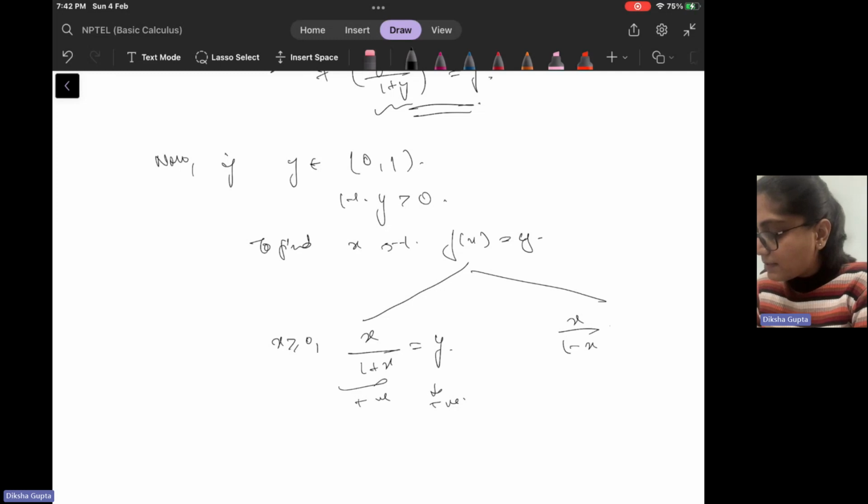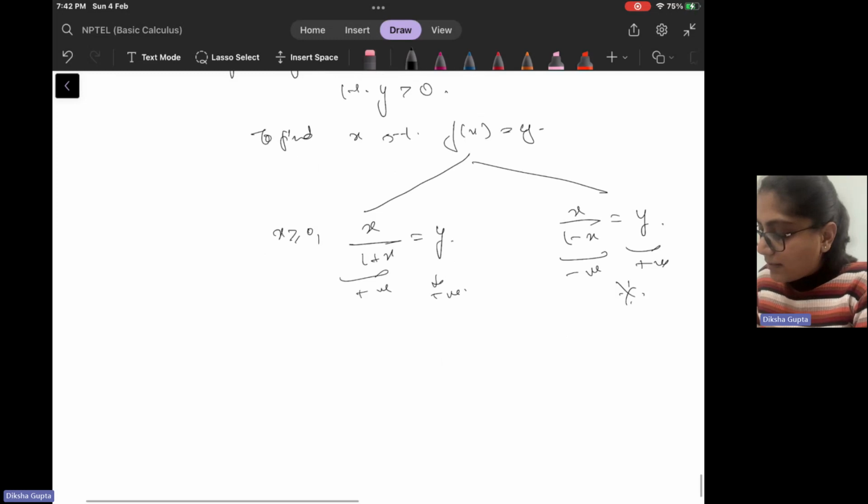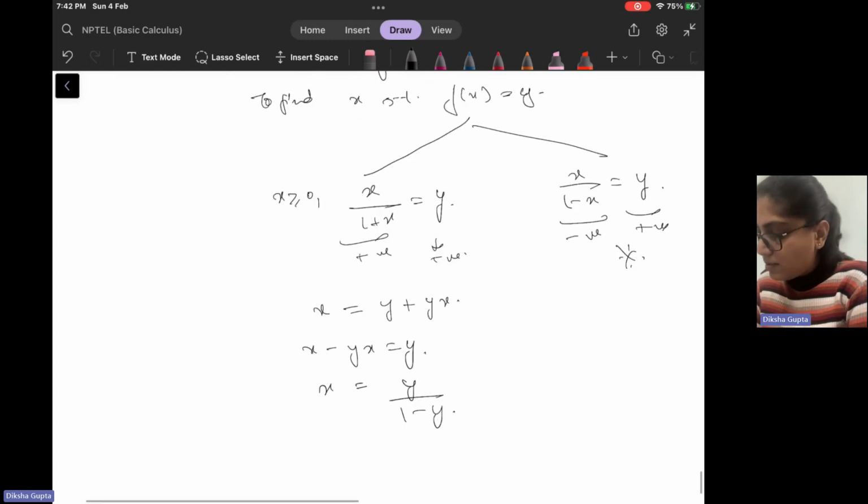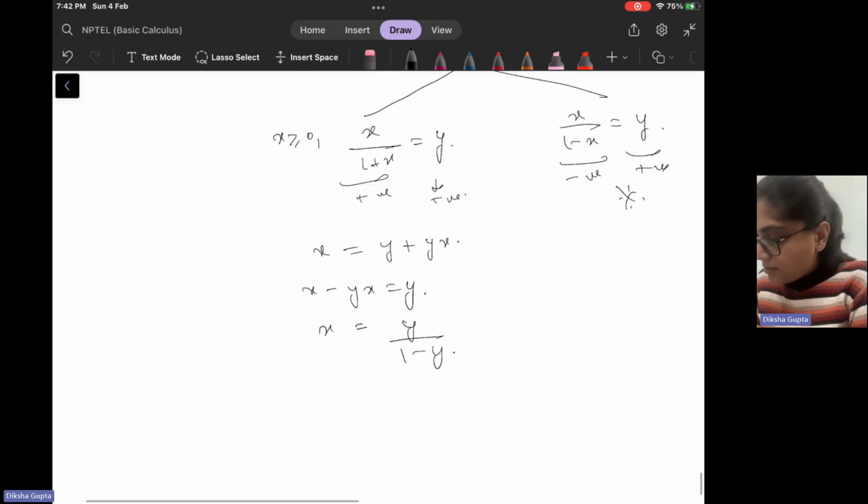The other, x/(1-x), would be negative for x negative and y positive, so it cannot happen. So x has to be positive. Cross multiplying, x minus yx equals y. Taking x common, x equals y/(1-y), and y was less than 1, so this is positive. So f(y/(1-y)) is y.